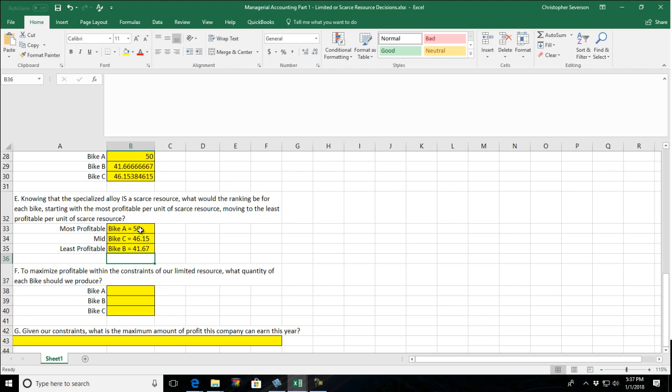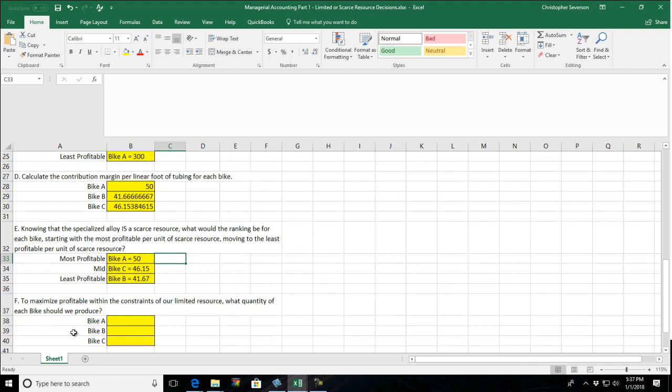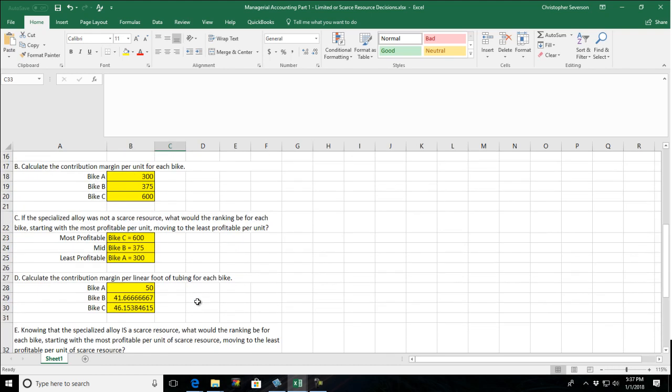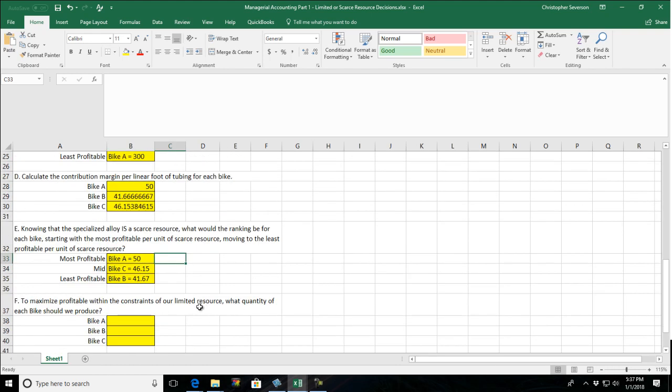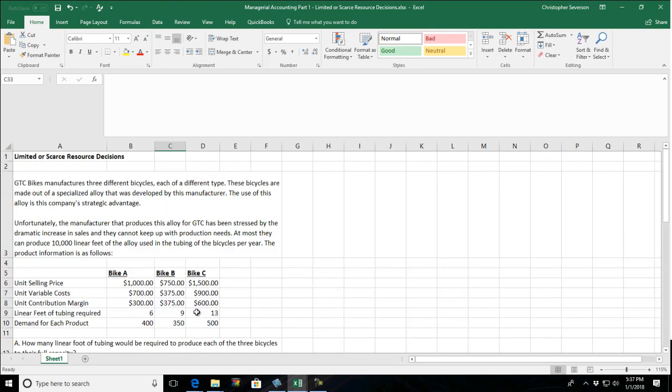So bike A was the most profitable, and it's asking what quantity of each bike should we produce. So the demand there was 400, but remember it was 6 linear feet.